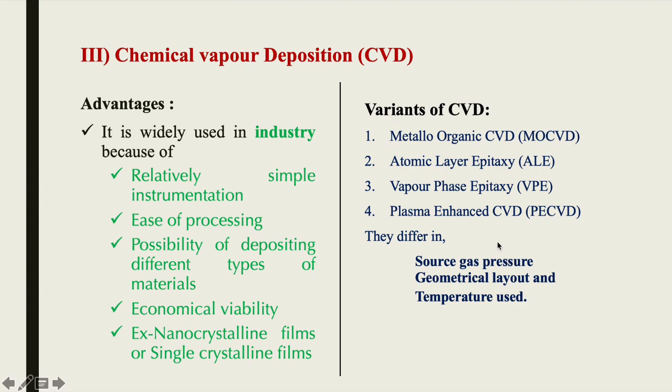They differ in the source, the gas pressure or the geometrical layout, and the temperature we are using. These are the three different parameters, and with these three parameters these four variants can be changed, and accordingly you can get your nanocrystalline material or films.